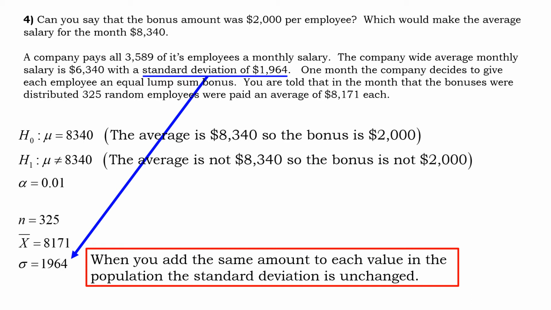This is why it's a rare situation when you're testing the mean or average that you actually know sigma. 999 times out of 1,000, if you're going to test a theory about the average or mean of a population, you're going to be doing the t-test based on the fact that you know S and not sigma. Okay, but here we do know sigma.